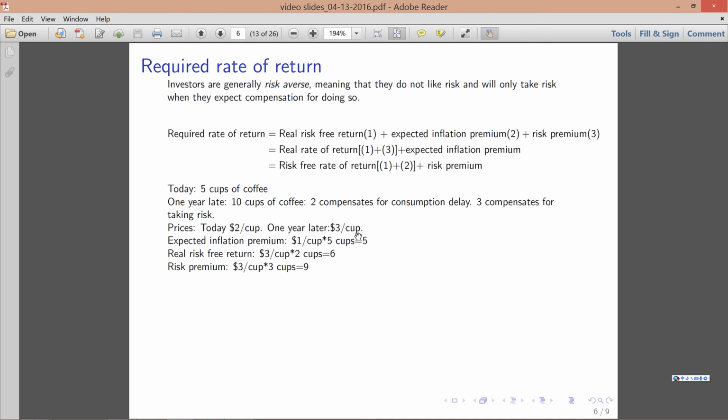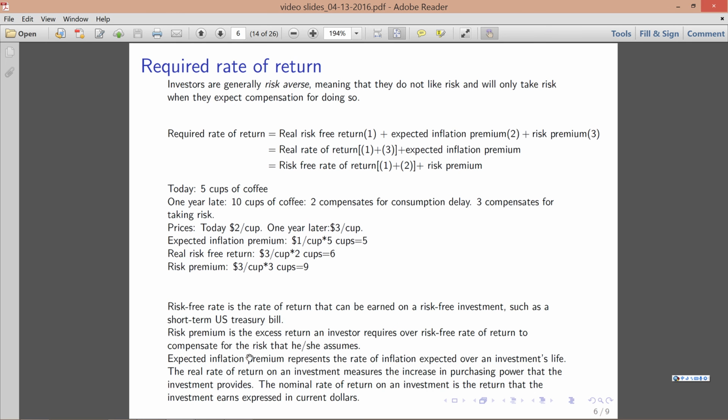Those are usually what we talk about as the premiums. Again, those are ex-ante: before you invest, how much return you want. That determines the price you pay today, but the realized return could be very different from what you expect ex-ante.